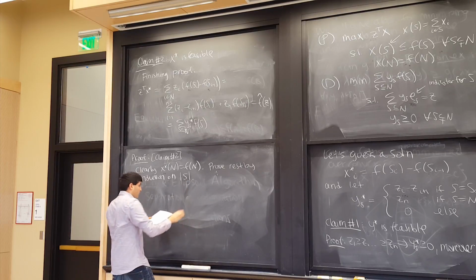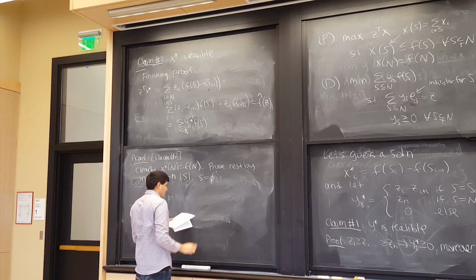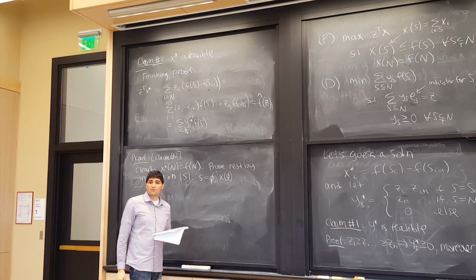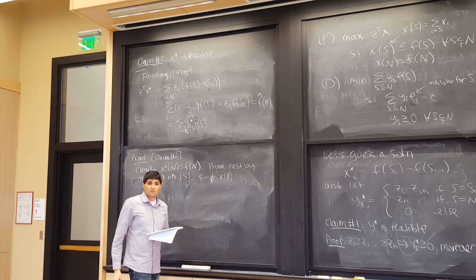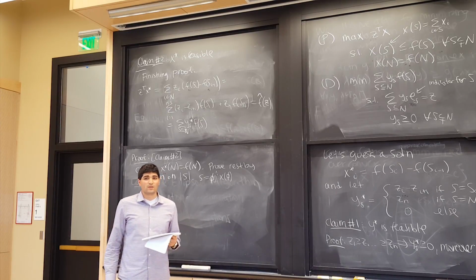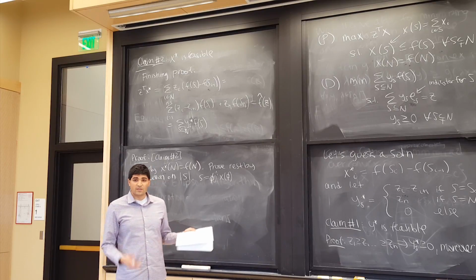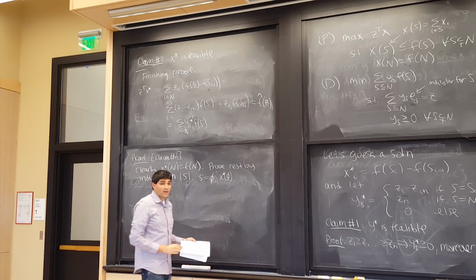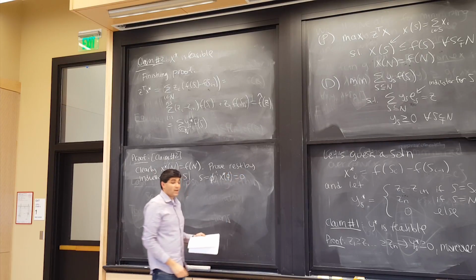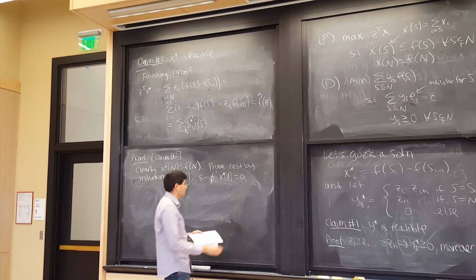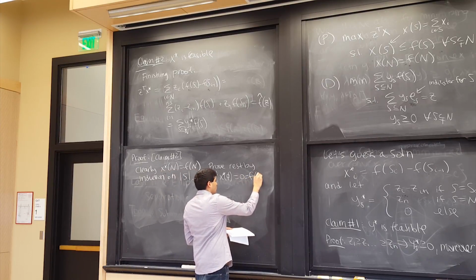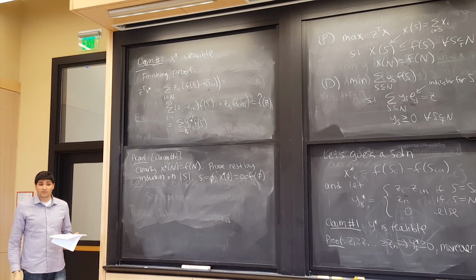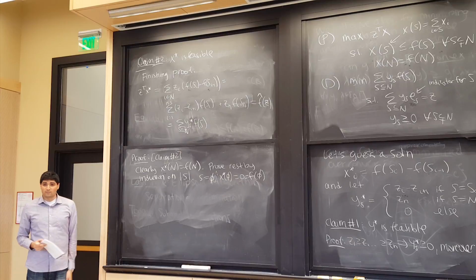I claim that for S the empty set, what's X of the empty set? Just using the definition of X, it's zero, because X of S is just adding up all of the coordinates in X. Sorry, this should be X star, but it doesn't matter. It's 0, because we're adding up all the coordinates in the empty set. And this is definitely equal to f of the empty set, which was one of our assumptions, that f of the empty set is 0. So it's clearly true on size 0 sets.